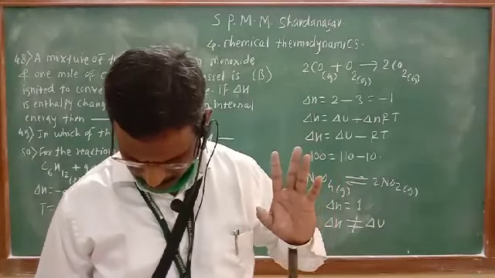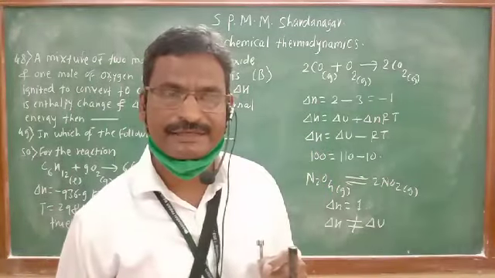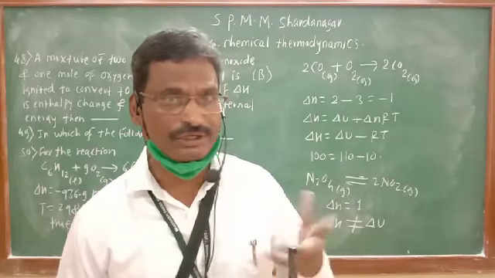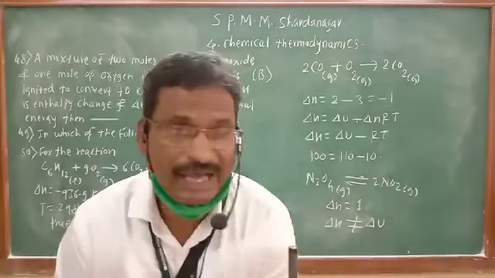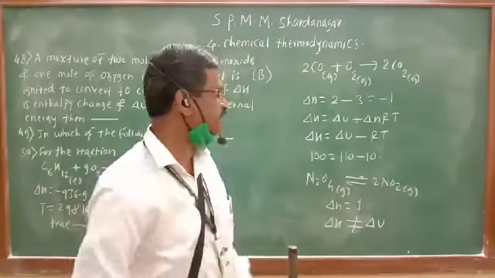Second, 2SO2 gas plus O2 gas giving 2SO3 gas. There also delta n is minus 1, not 0. Third option, H2 gas plus I2 gas giving 2HI gas. Now this is correct.